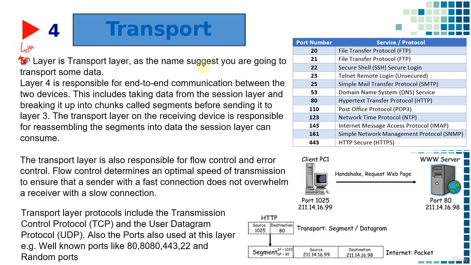As the name suggests, you are going to transport some data. This is very important. For example, this is my client PC, this is my server PC. If I want to transfer some file to this server or vice versa, we are working on the transport layer of the OSI model.